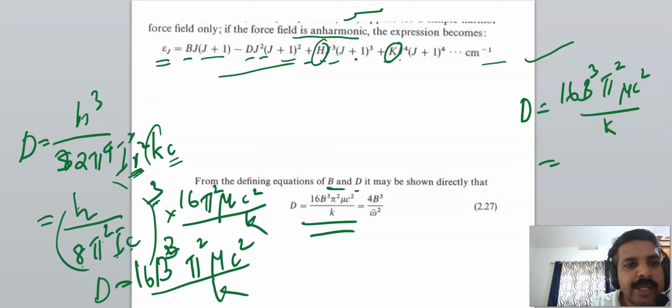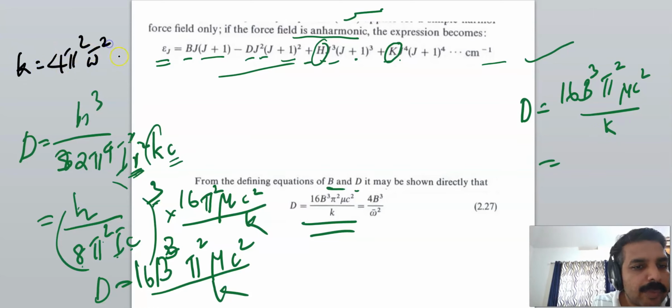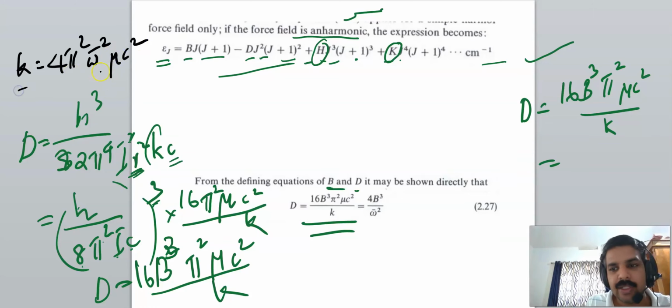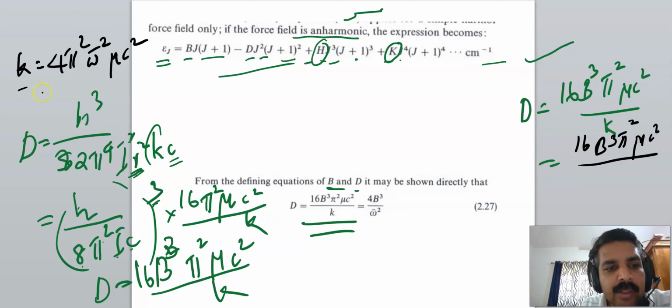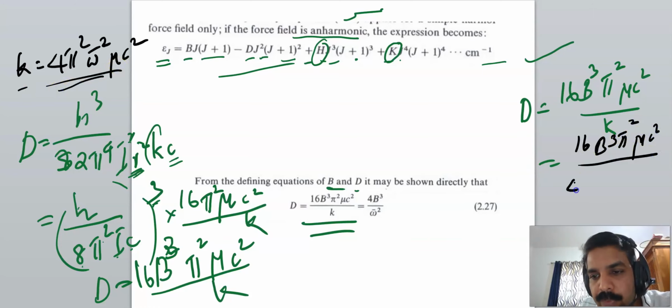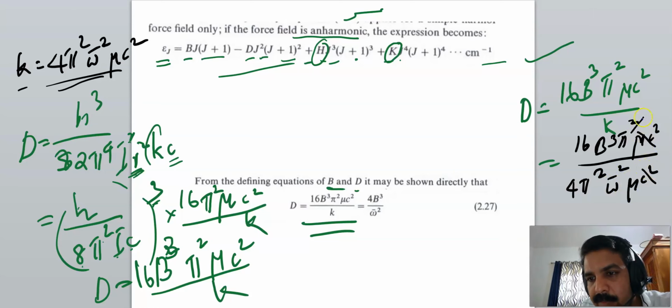Substitute the value of k. Actually the value of k is equal to 4 pi square omega bar square into c square mu, or mu c square. That is the value of force constant k. Substitute that value here, we get 16 h cubed pi square mu c square divided by 4 pi square omega bar square mu c square, and this cancels, pi square cancels, 16 by 4 is equal to 4.